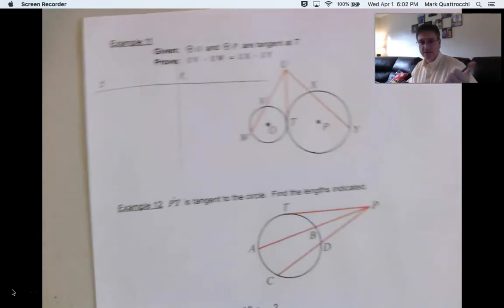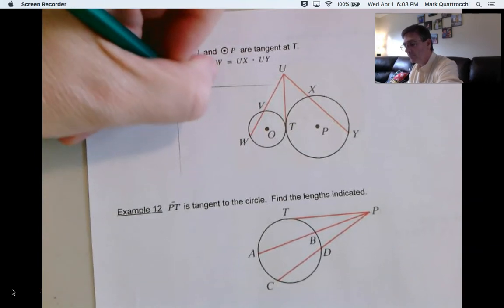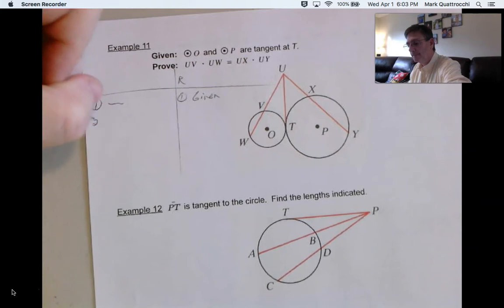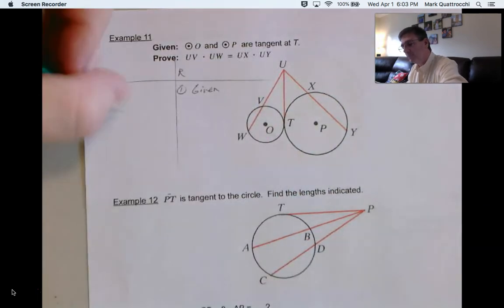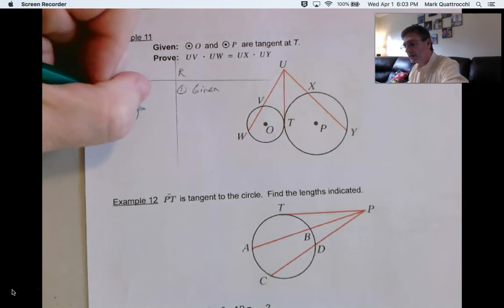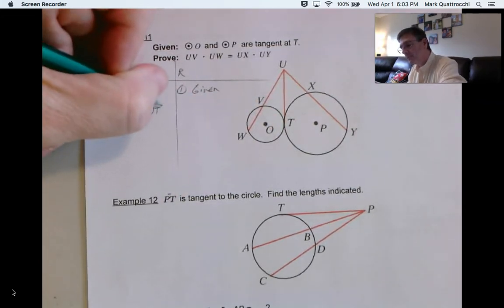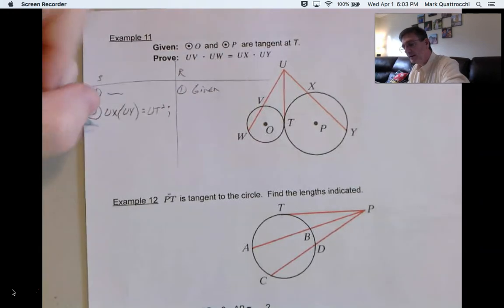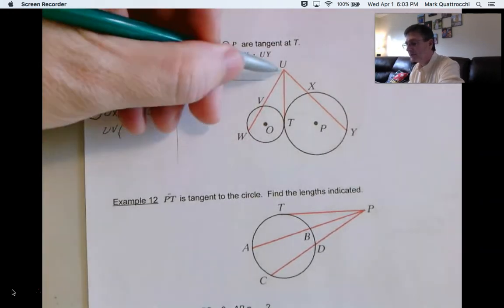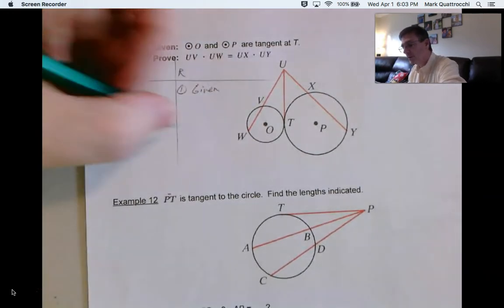Statement 1, rewrite the given. 2, UX times UY is equal to UT squared and similarly UV times UW is equal to UT squared again.